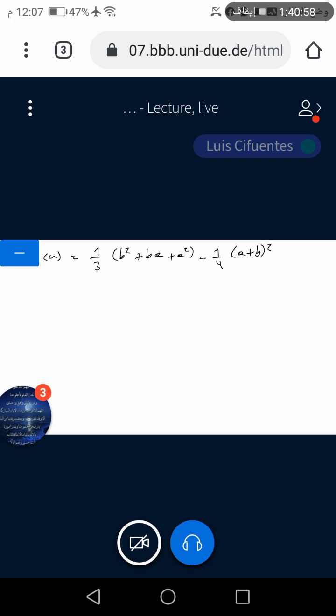Expanding this term here. We have, okay, yeah. Skip this for the moment because this is just a square. So A times AB squared here.